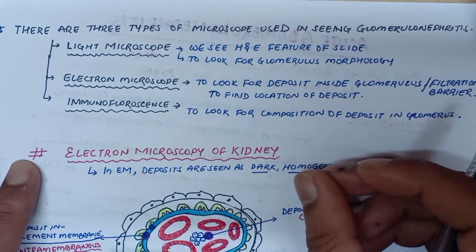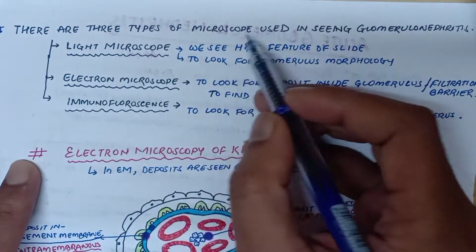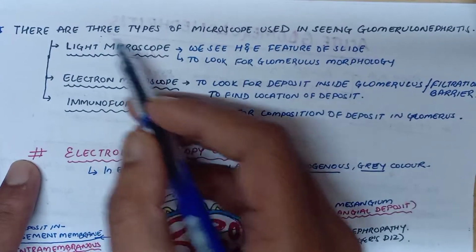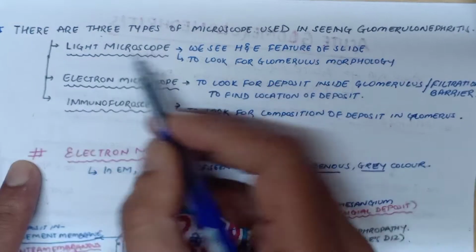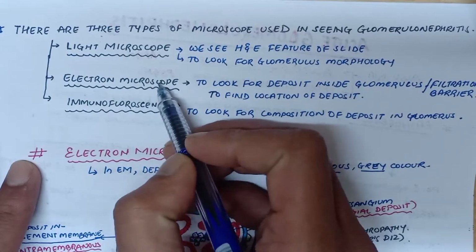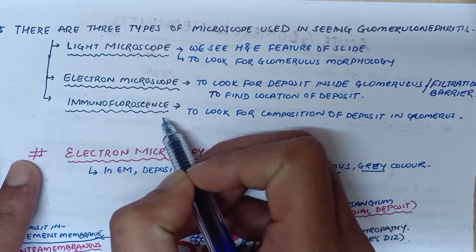For the diagnosis of glomerulonephritis, there are three types of microscope used: light microscope, electron microscope, and immunofluorescence microscope.